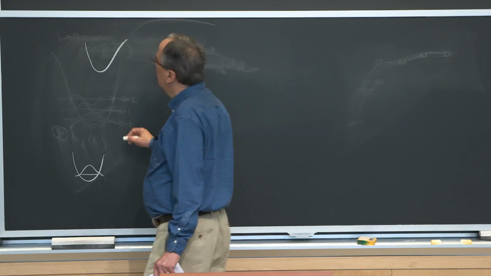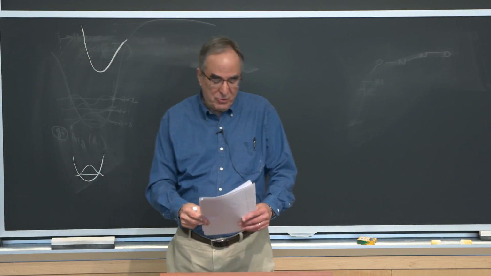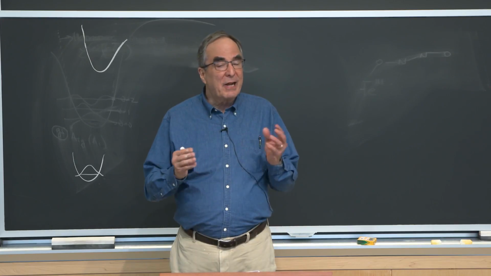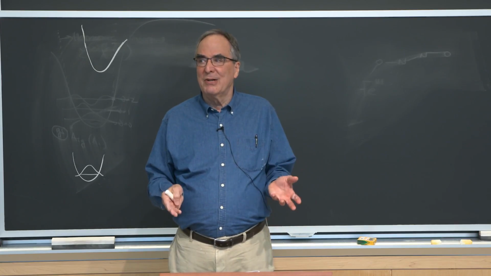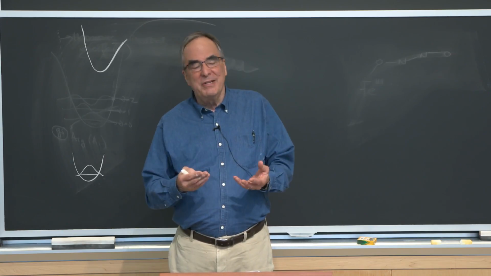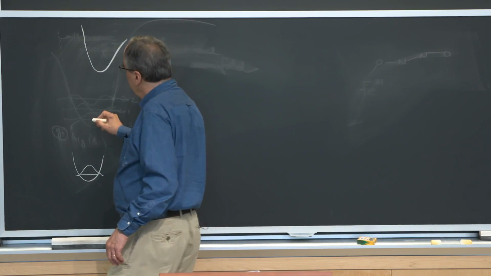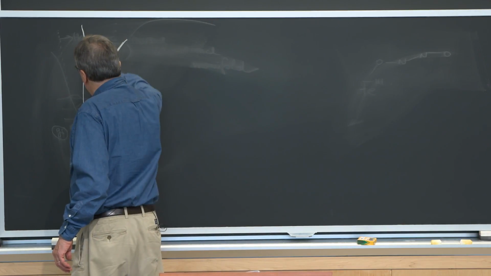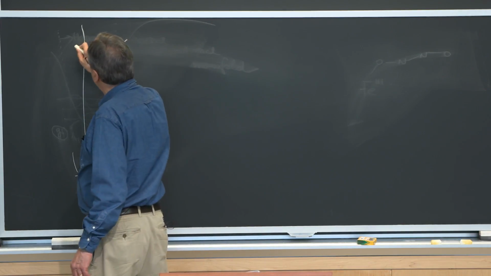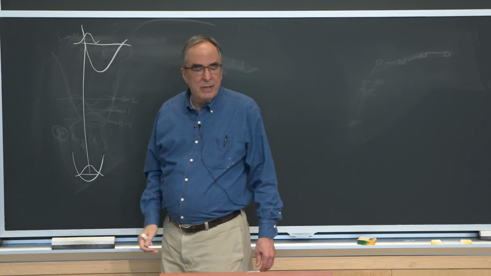There's a much repeated truism: electrons move fast, nuclei slow. The transition is instantaneous or nearly instantaneous because it involves the electrons. So what ends up happening is you draw a vertical line, and now you transfer this wave function to the upper state.